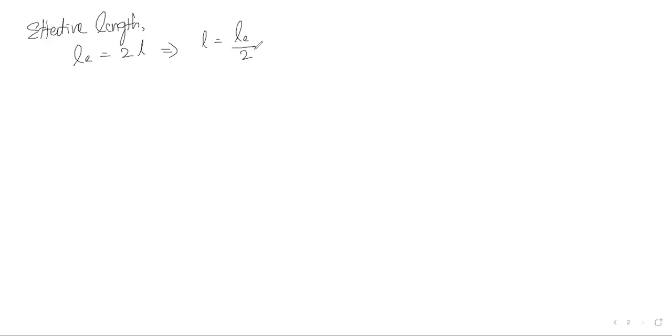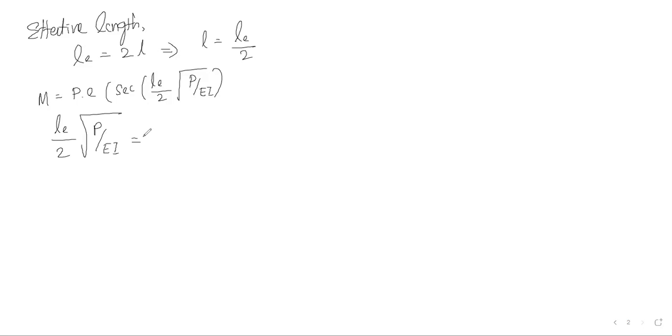Okay, so LE we are going to take as 2L as usual. Now we are going to substitute all the formulas. That is M is equal to P into e into secant LE by 2 into root under P by EA. So the term LE by 2 into root under P by EA we have to calculate first.